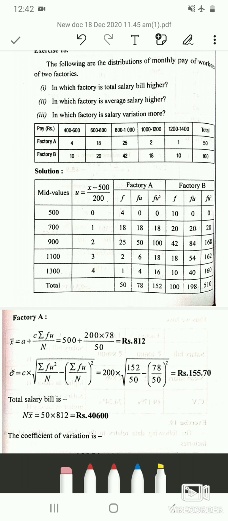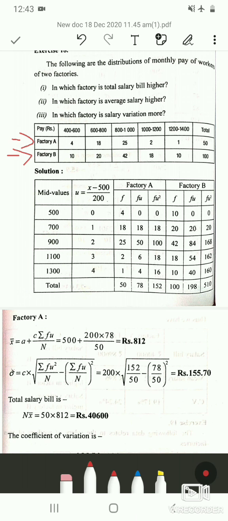And the third sub question is, in which factory is salary variation more? And the data is in terms of continuous data. The pay scale is in terms of rupees, and the first class interval is rupees 400 to 600, 600 to 800, up to 1200 to 1400.